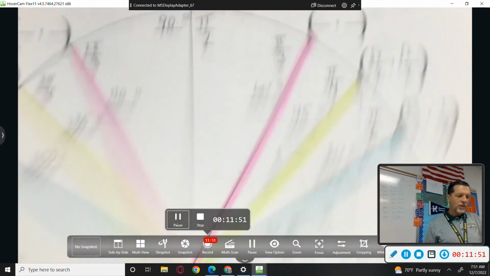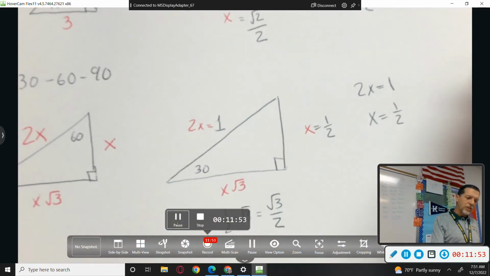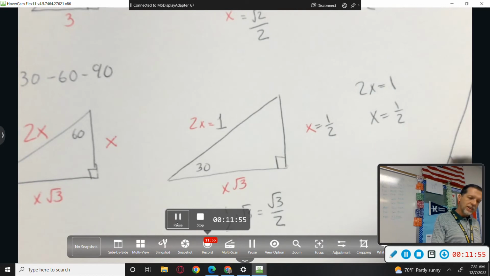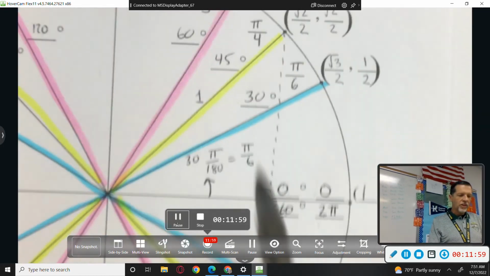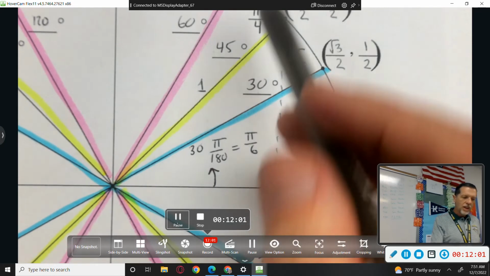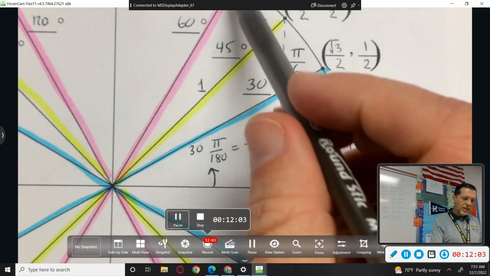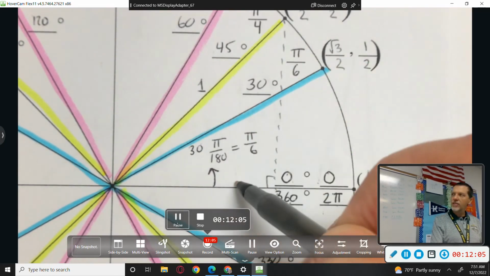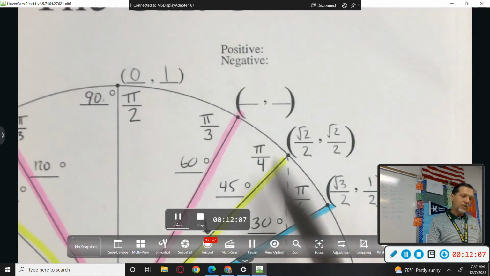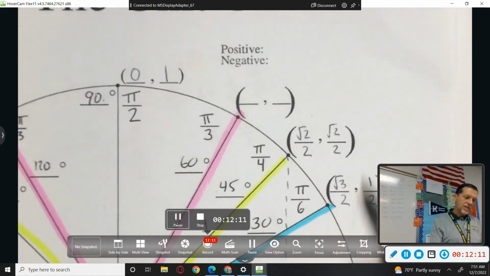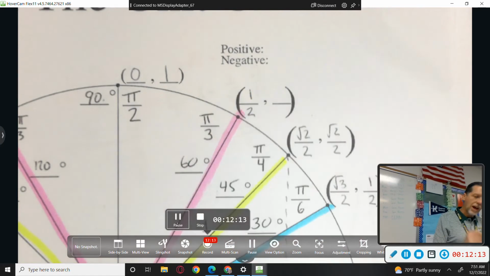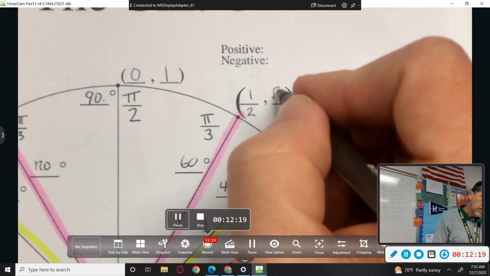You can go through the whole point of drawing the triangle, but it's still a 30, 60, 90 triangle. The short side is still 1/2. And where does the 1/2 go on this? That's the x. So the short side is 1/2, and the long side is root 3 over 2.